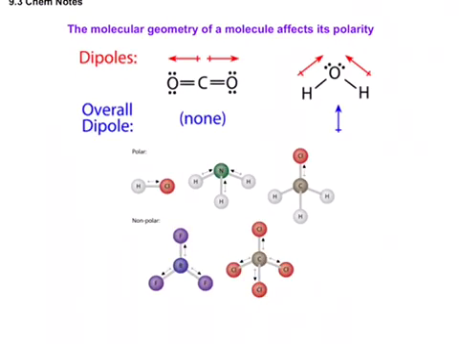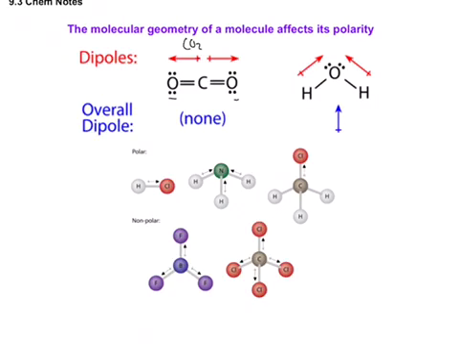So the molecular geometry of a molecule affects its polarity. When we look at these structures, we have carbon dioxide here, and when we look at their electronegativity, we see that oxygen is the more electronegative atom of the compound.